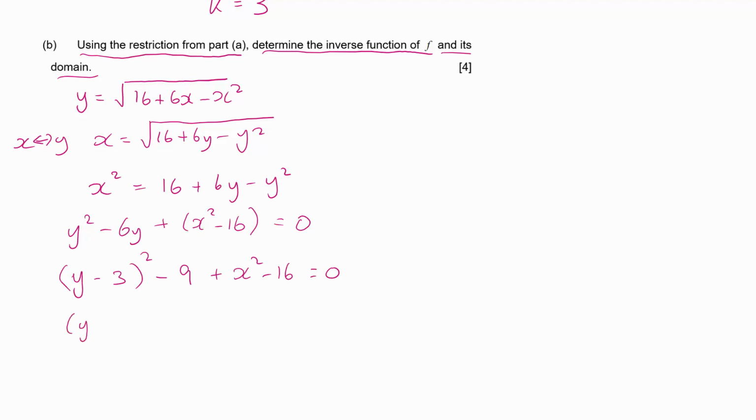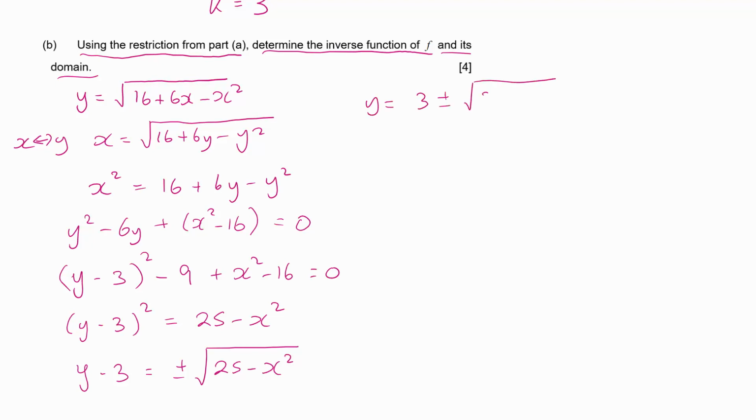So y minus 3 all squared would be equal to 25 minus x squared. And so y minus 3 would be plus or minus the square root of 25 minus x squared. And then y would be equal to 3 plus or minus the square root of 25 minus x squared.